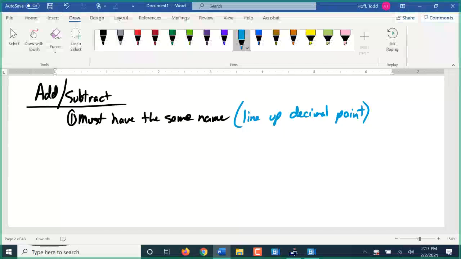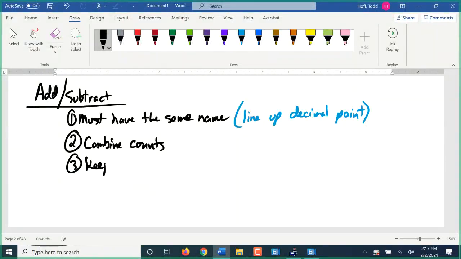Make sure that the individual place values that are the same are lined up with each other. Then, of course, this part's probably a broken record: you combine counts, and you keep the same name. As we've seen, keeping the same name means to drop the decimal point straight down.